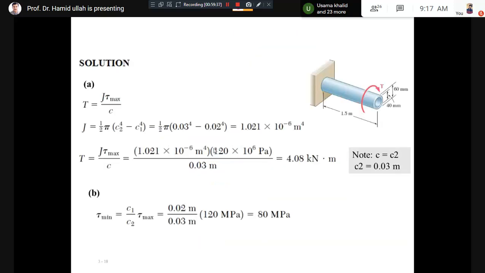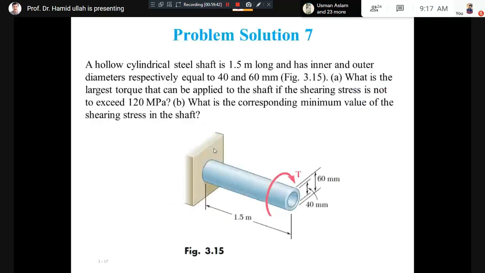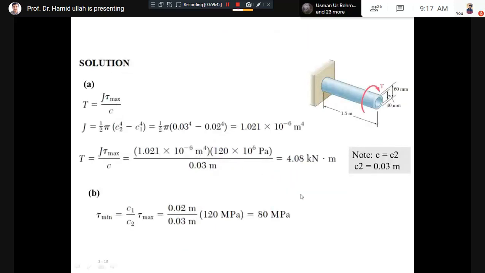So this is the same shaft, but the torque for it was 4.08 kilonewton meter, based on maximum shear stress.